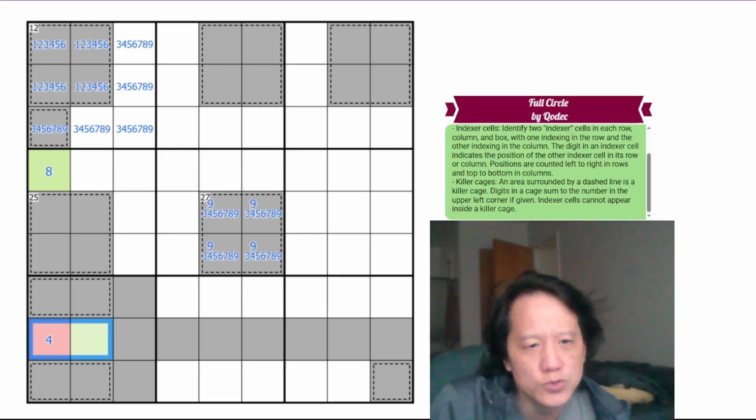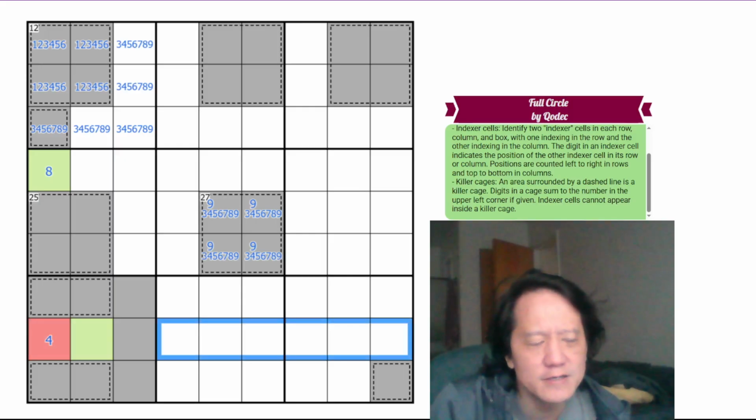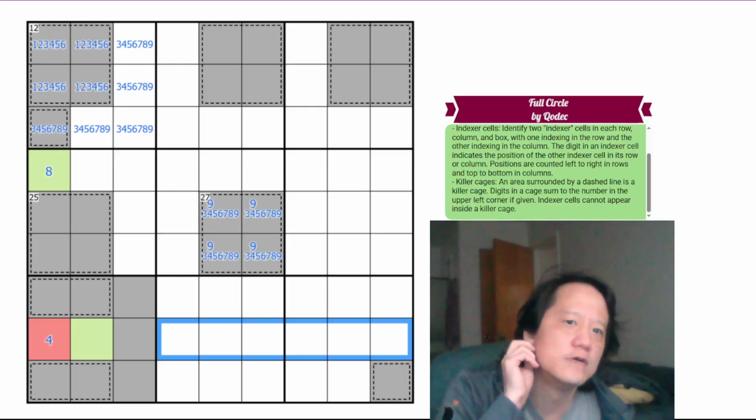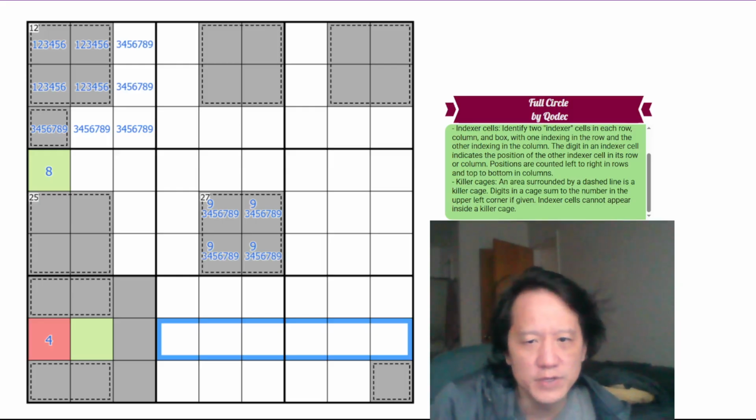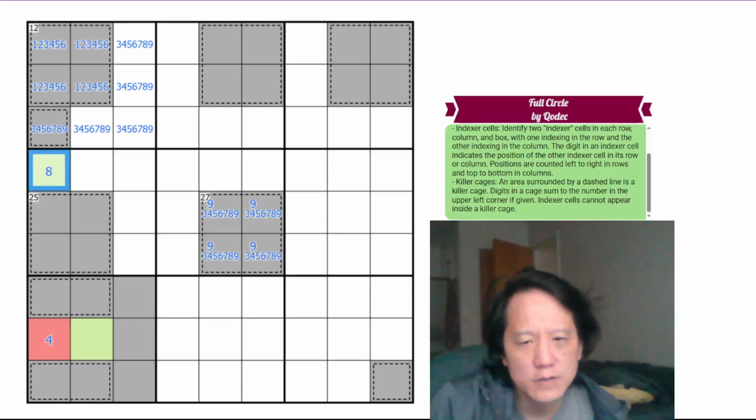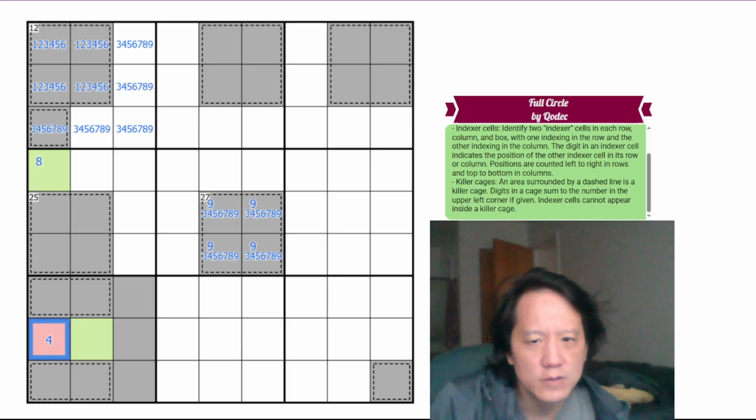Let's do the indexing of the column be in the corner. So then if this is the case, this would be 8 in the corner. This would be 4 in the corner, so it indexes the up and down. So that's saying the other indexer is at 8, which is valid. This is saying the other indexer is 4.